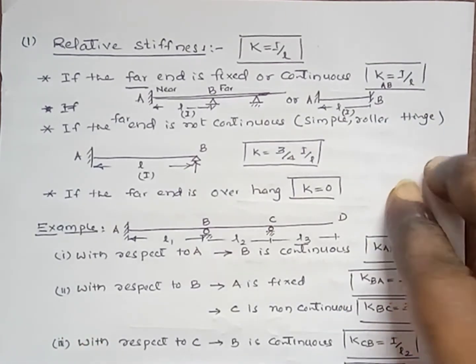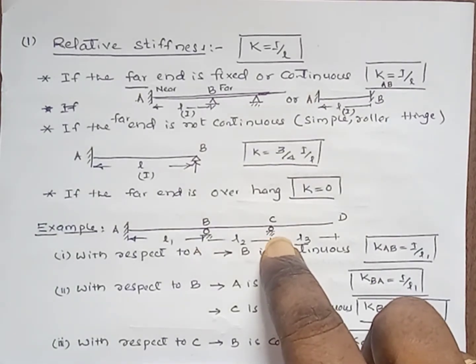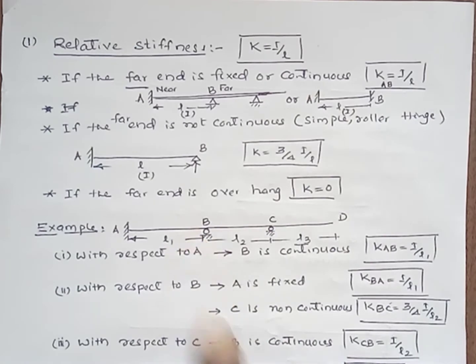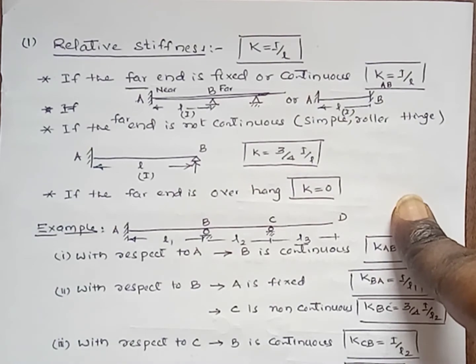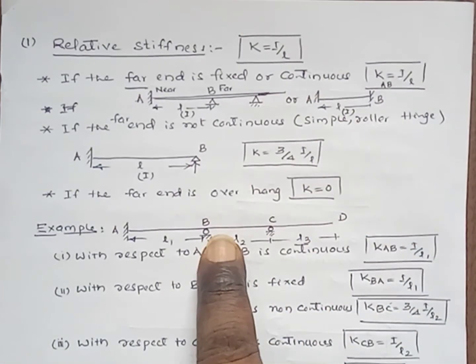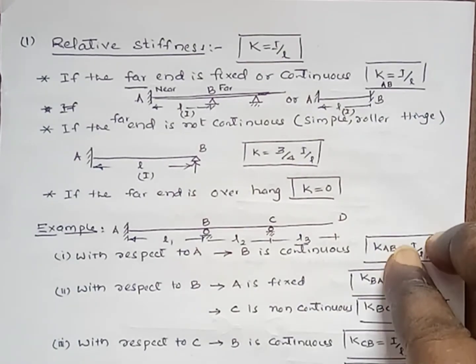If you come to the next joint C, B is continuous, then KCB equals I by L2. Then D is overhang. For overhang there is no stiffness, hence KCD equals 0.